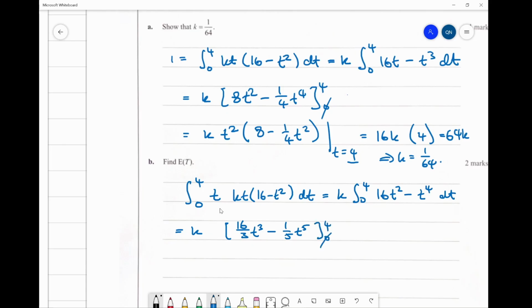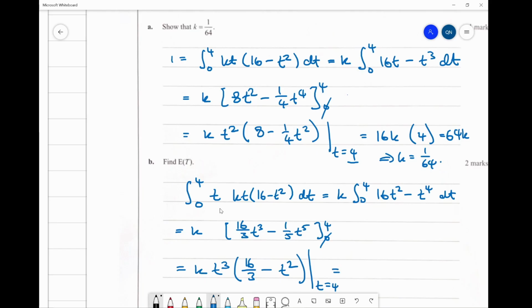Same idea as before. 0, we can ignore that, and we just need to plug 4 into everything. But because we're plugging stuff in, we might as well factor things to make it easier. So I'm going to choose to factor out t cubed this time, leaving us with 16 on 3 minus, and then we have a t squared that remains, right? And we evaluate all of this at t equals 4.